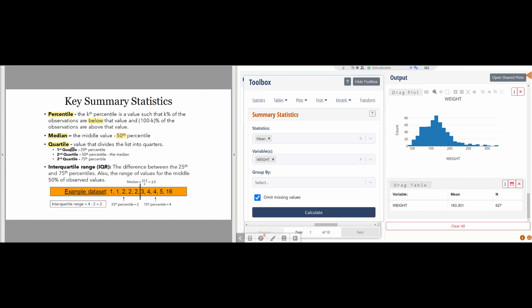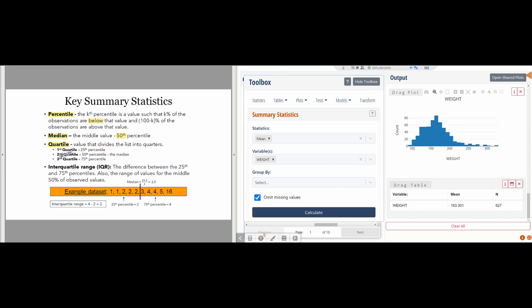So the first quartile, so-called, is the 25th percentile in our data set. That is, 25% of the values in our data set are below this first quartile value. 50% are below the second quartile value, or the median, and 75% are below the third quartile value.